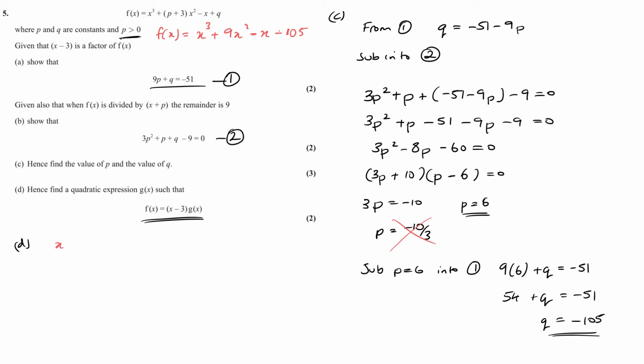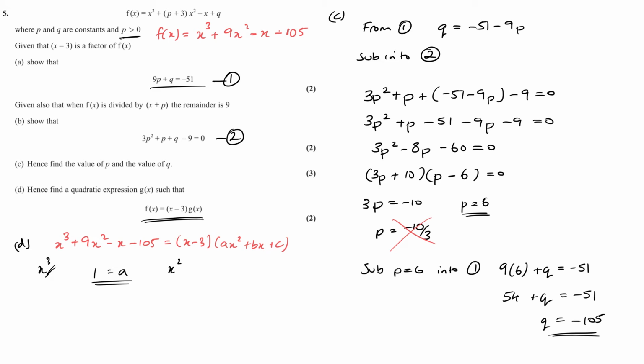So x cubed plus 9x squared minus x minus 105 equals x minus 3 times g of x, where g of x would be ax squared plus bx plus c. That's what I'm looking at. So I'm going to do this by inspection. If I look at the x cubes, we've got 1 on the right and 1 on the left. So a is 1.